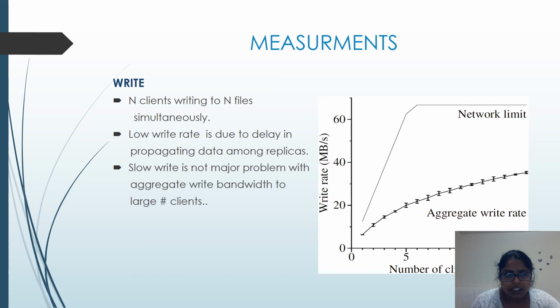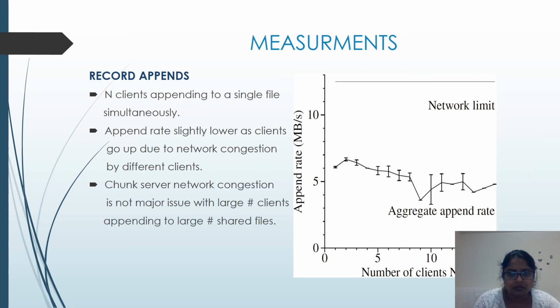The aggregate write rate and its theoretical limit are shown in this figure. Record appends. This figure shows record append performance of n clients appending simultaneously to a single file. Performance is limited by the network bandwidth of the chunk server that stores the last chunk of the file, independent of the number of clients.